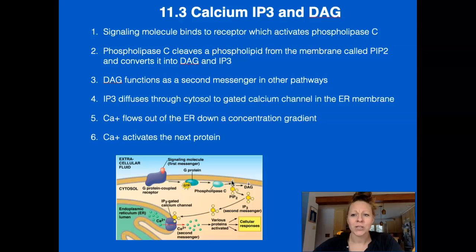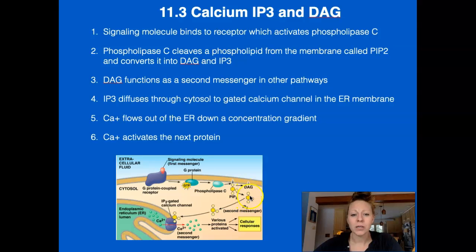And it's called a PIP2. It takes the PIP2 and converts it into 2 different things, a DAG and an IP3. So the DAG remains in the membrane, is used for other things. We're going to follow our IP3. So this PIP2 is going to be cleaved. The DAG stays here, and we're following the IP3.